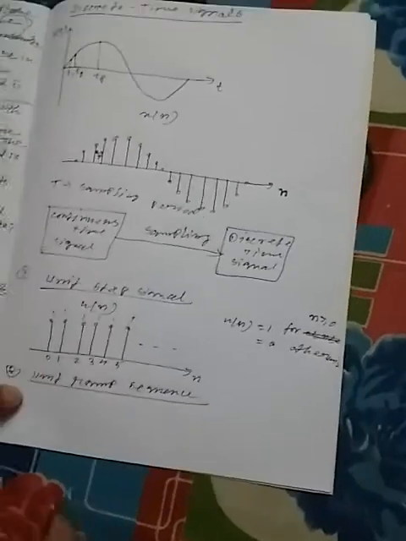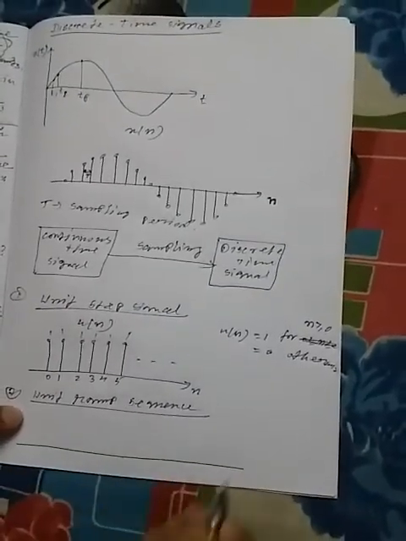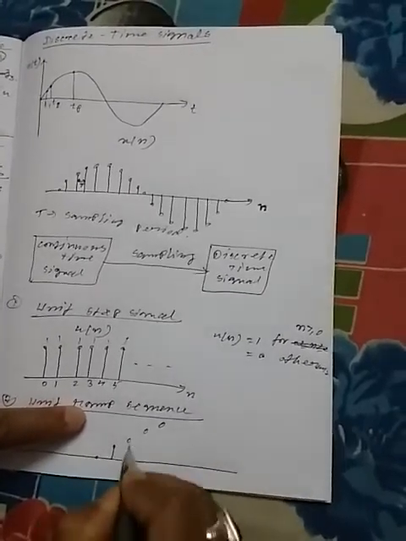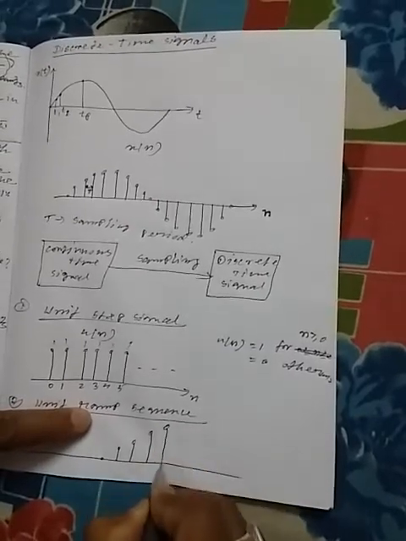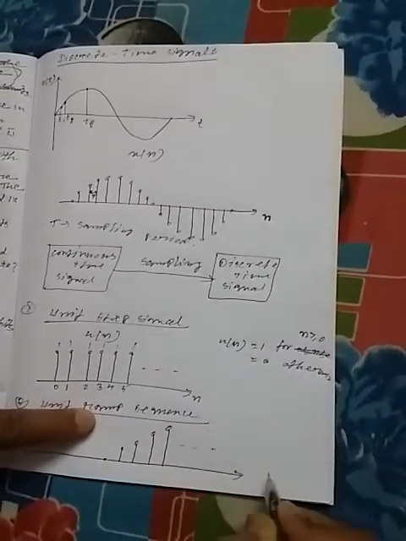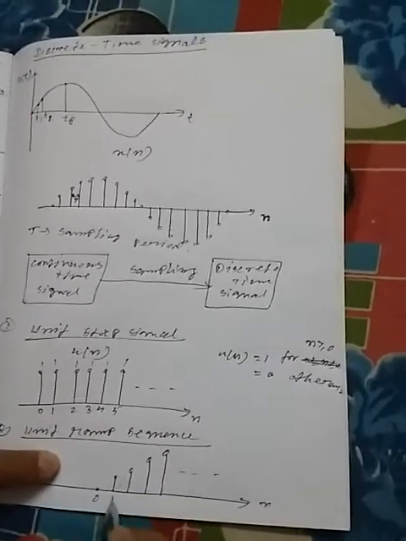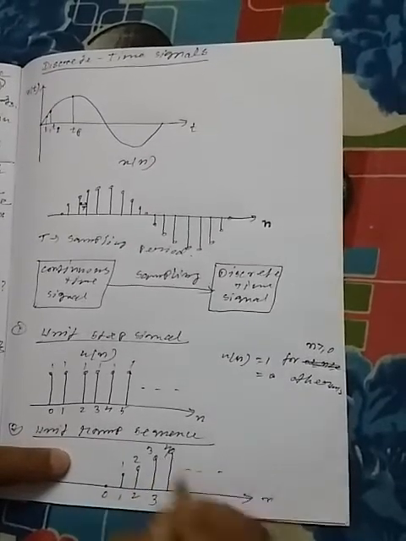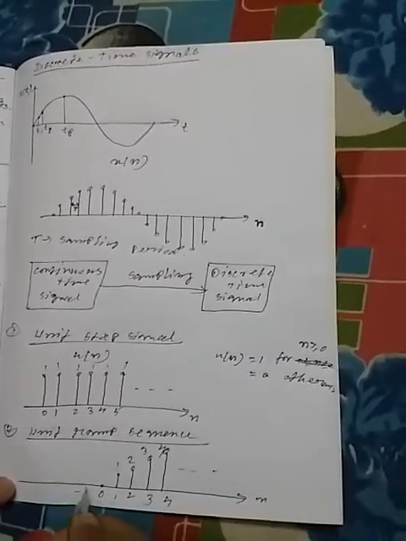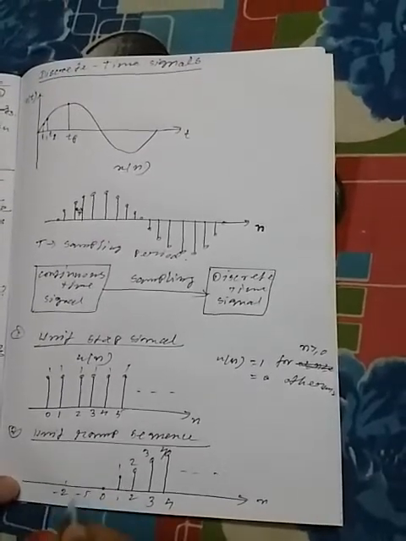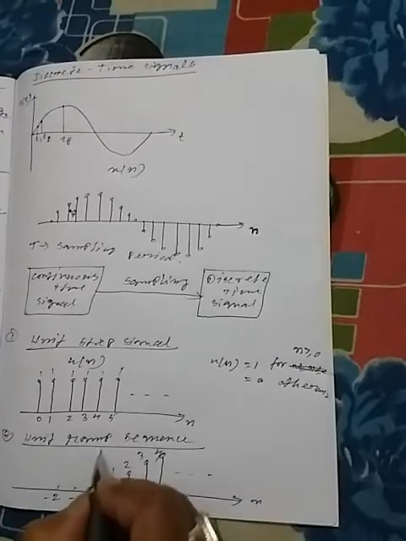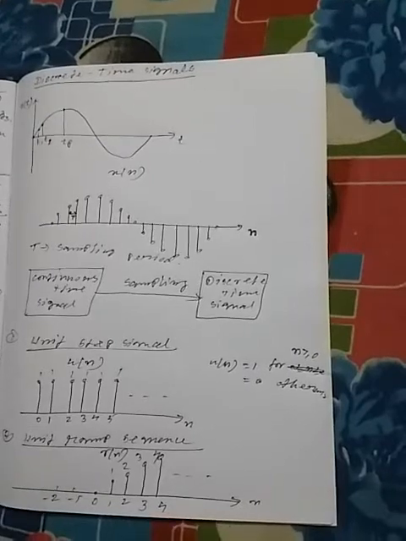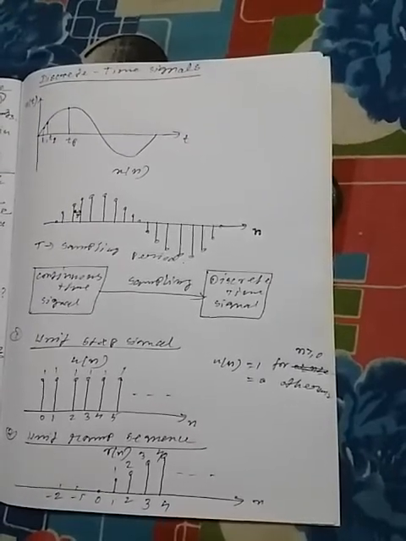Unit ramp sequence can be represented like this: 0, 1, 2, 3, 4, like this way. For negative values of n there is no value. This is defined by r of n.